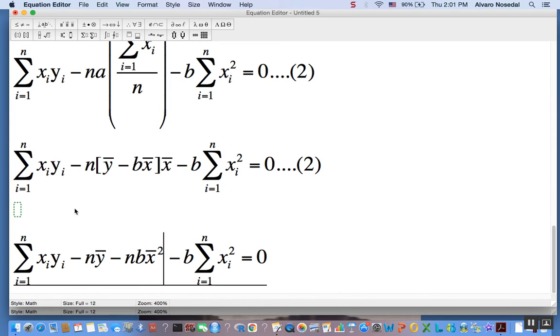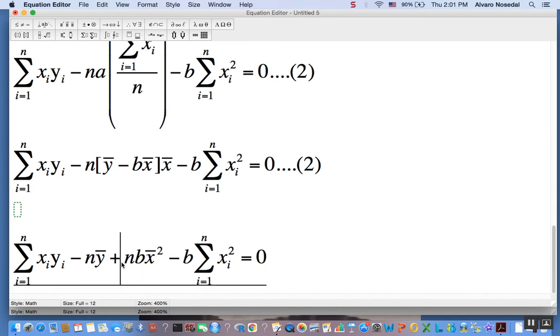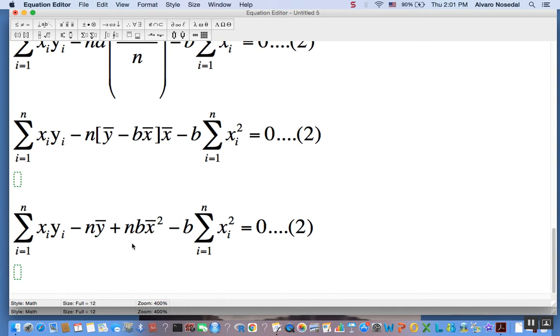Minus n times y bar minus plus minus, well, that should be a plus, n b times x bar squared, right? Okay. So finally, let's place the terms with a b on one side and those without b on the other side.